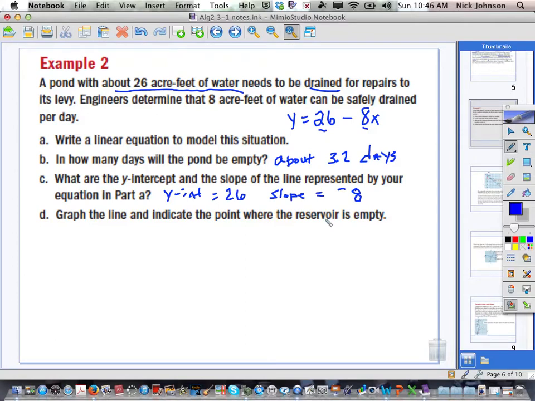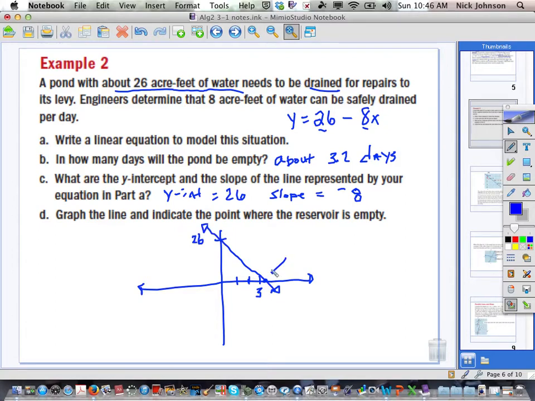It says, graph the line and indicate the point where the reservoir is empty. Well, our reservoir is empty when y equals 0. So if you look at that, we start at 26, and we said it was dry about 3.2 days. So here's 3, and this point right here is 3.2, right?